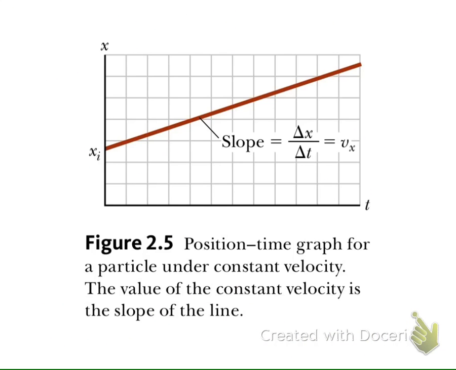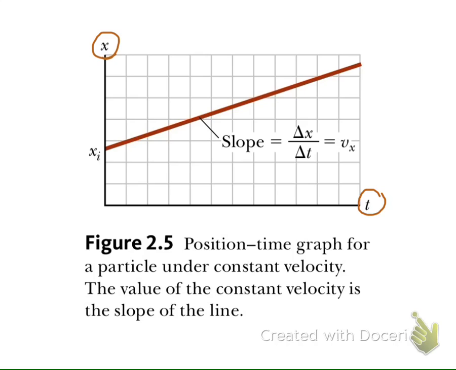We can see that if we draw the graph of x as a function of t, we will have a straight line like in this figure. From this figure you can also see that since the velocity is a constant, the slope of the x-t graph is a constant too, so that's why we have the straight line.